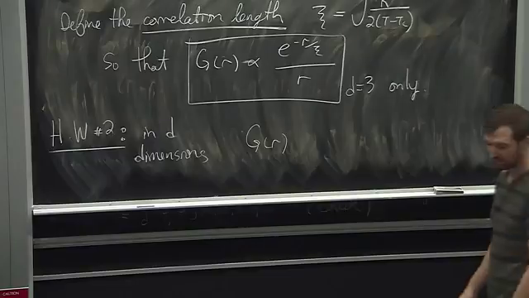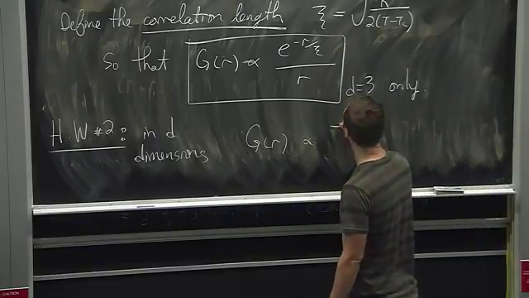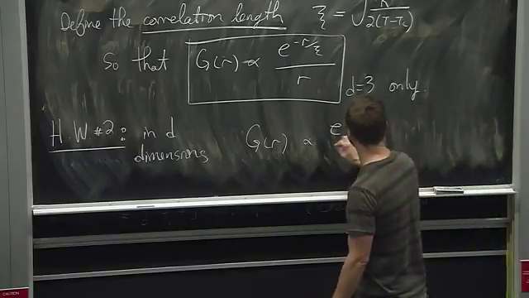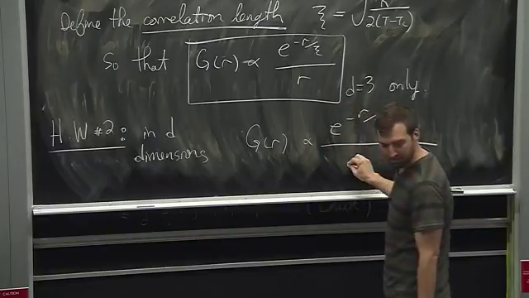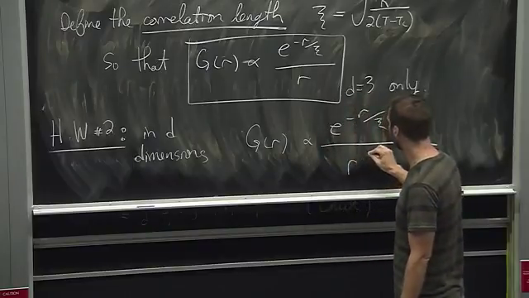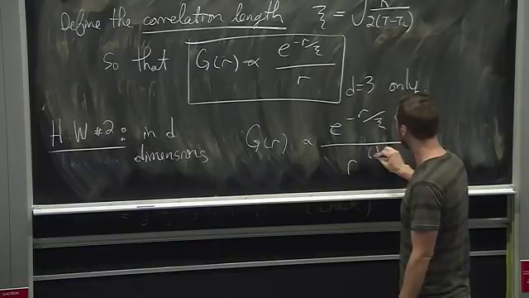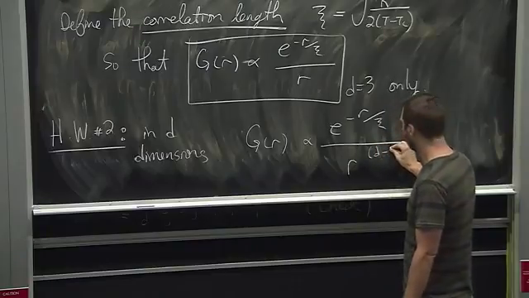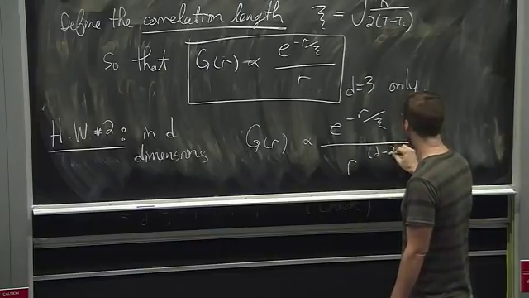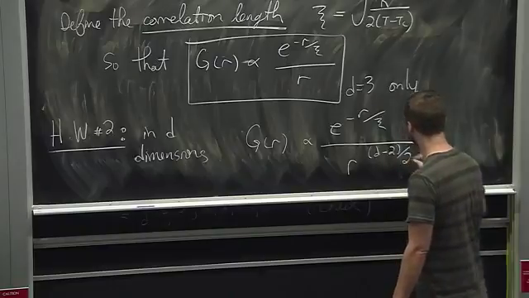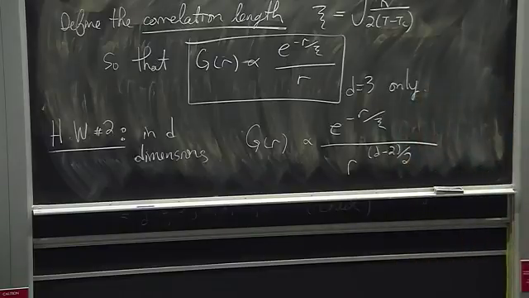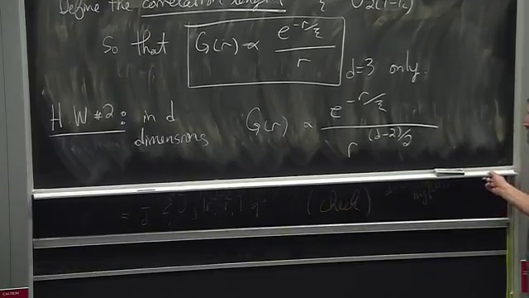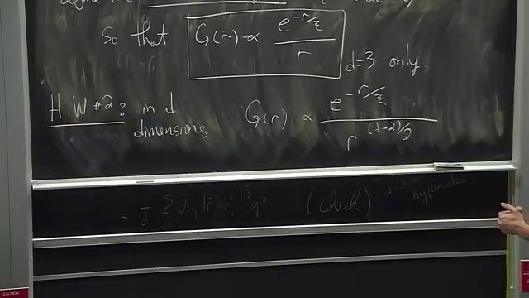It's going to go e to the minus R over xi, with an exponent of D minus 2 over 2. There's another exponent, the anomalous dimension, but I'll talk about it later.